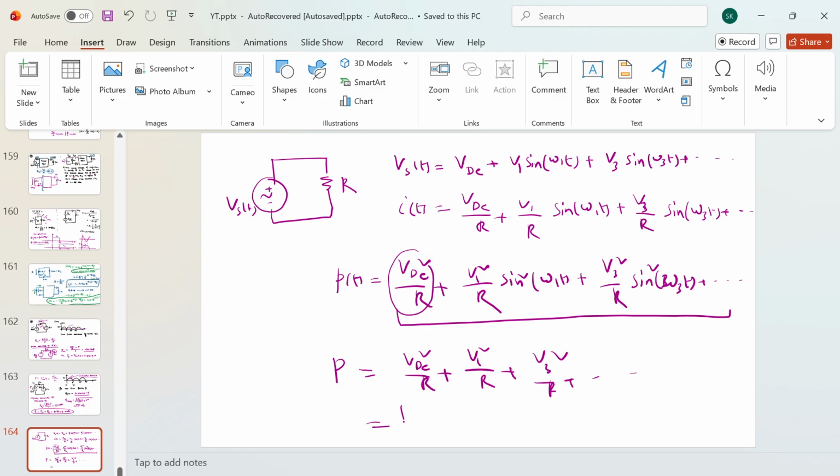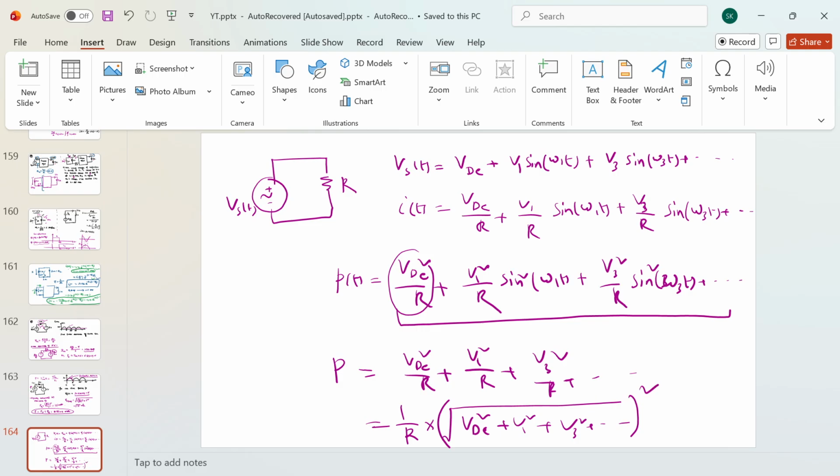If you look at this configuration, you can also write it this way: VDC square plus V1 square plus V3 square plus so on, and whole square.